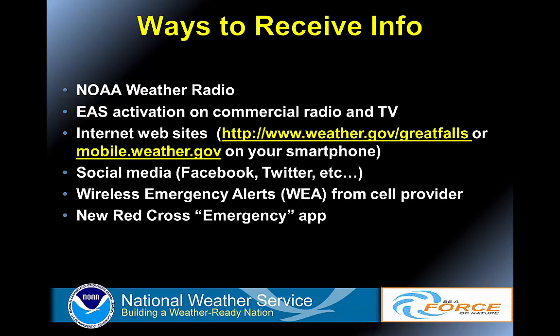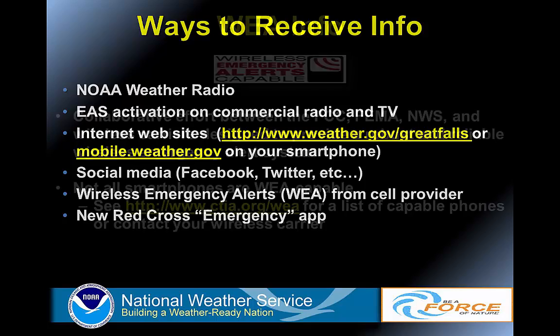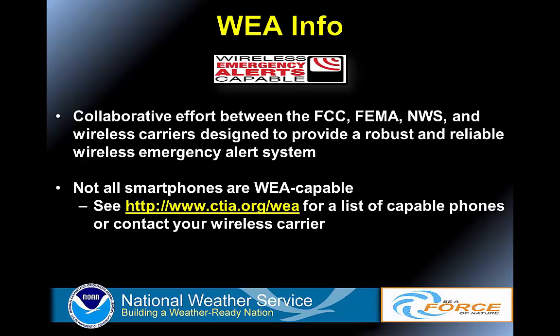And I'd also like to talk about some other great apps for your smartphone, including the Wireless Emergency Alert System and an emergency app from the American Red Cross. This Wireless Emergency Alerts, or WEA system, has been a collaborative effort between the FCC, FEMA, National Weather Service, and wireless carriers.